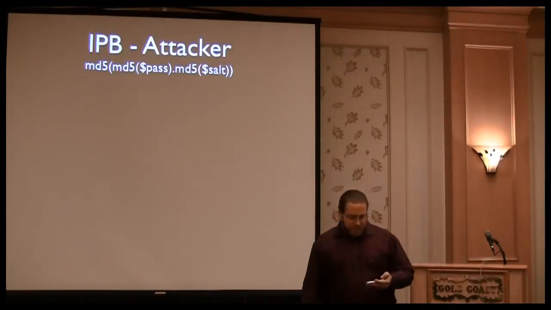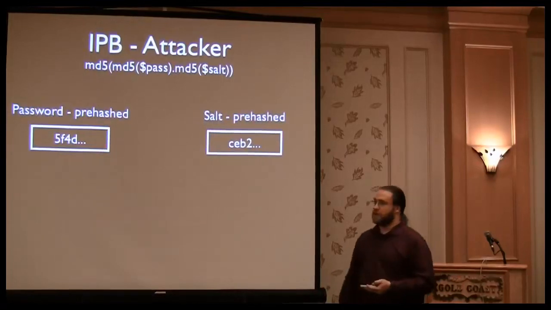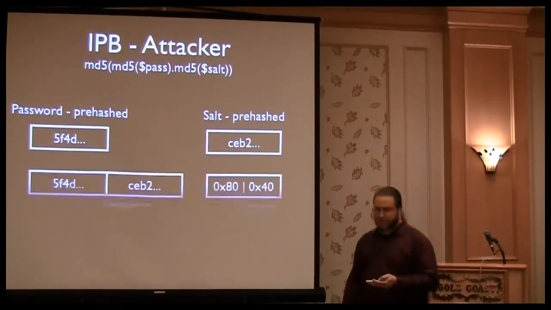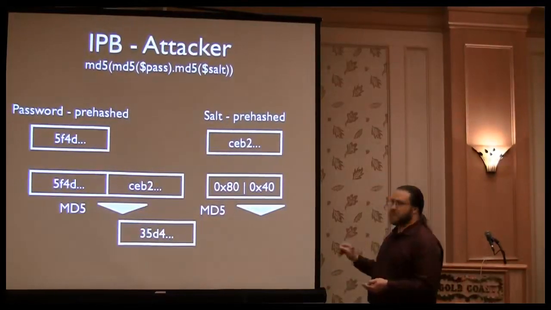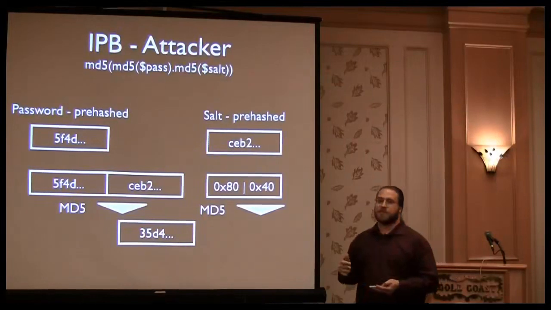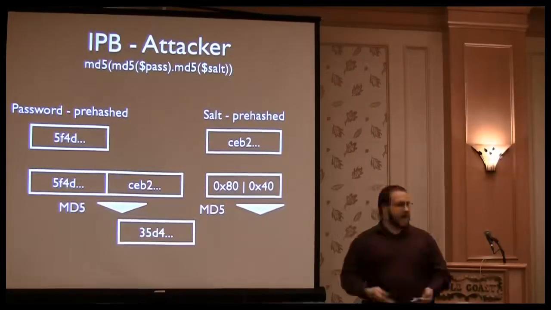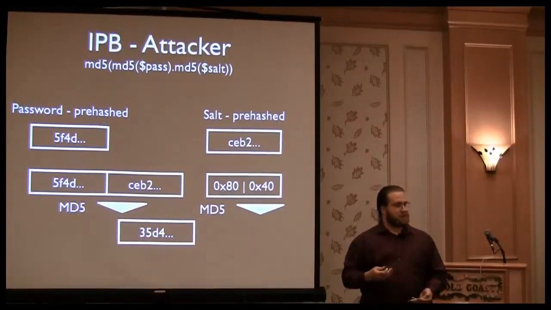So what the attacker ends up doing is they have the password that is pre-hashed. They have the salt that is pre-hashed. And they simply do 2 MD5 block operations to get the final result. But it gets even better because Adam was talking about some of the zero optimized stuff.